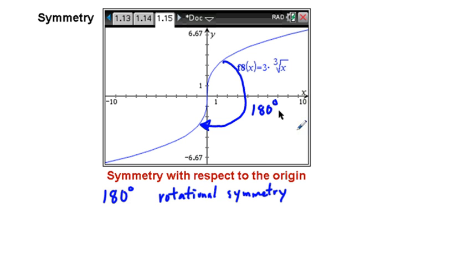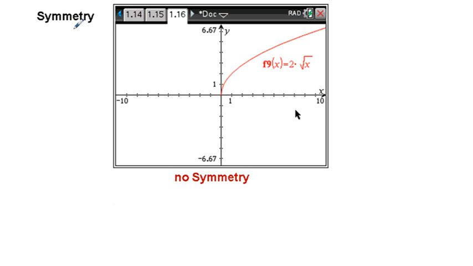This rotational symmetry, or symmetry with respect to the origin, is indicative of what we call an odd function. So all odd functions will have this kind of 180-degree rotational symmetry, or symmetry with respect to the origin. And then finally, here's an example of a function, f of x equals 2 square root of x, that has no symmetry, neither rotational 180-degree nor with respect to the x-axis or y-axis, anywhere.